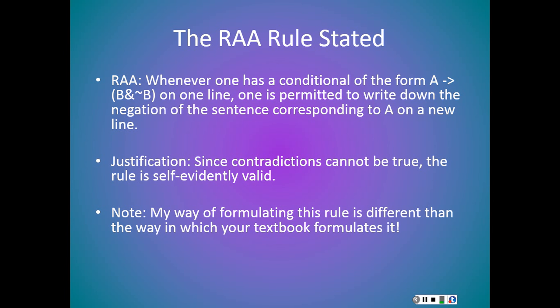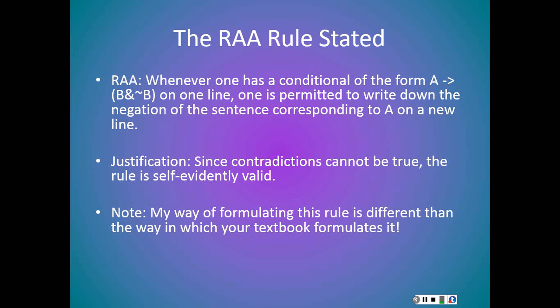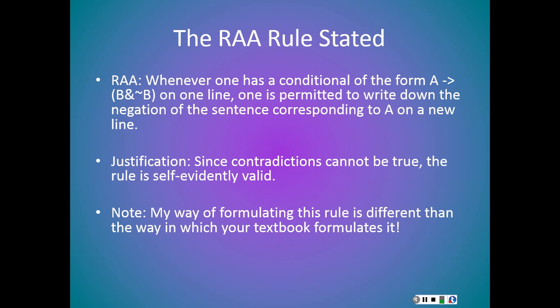As was the case with disjunction elimination, my reason for modifying this rule is to preserve conditional proof as the sole means of eliminating assumptions. And the way I've stated this rule allows us to do this. The way that your book has stated this rule does not. So you are to do things the way that I am telling you to do them in this lecture, not the way that your book tells you to do them.